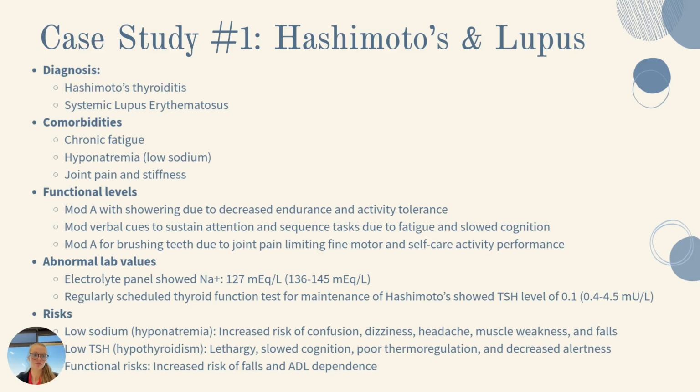Some risks to be aware of with this patient would be the hyponatremia, which increases the risk of confusion, dizziness, headache, muscle weakness, and falls, which also impacts the safety component, needing to keep the person safe. With the low TSH, there can be lethargy, slowed cognition, poor thermoregulation, and decreased alertness. The functional risks here would be the increased risk of falls, which I already mentioned, and dependence for ADLs.